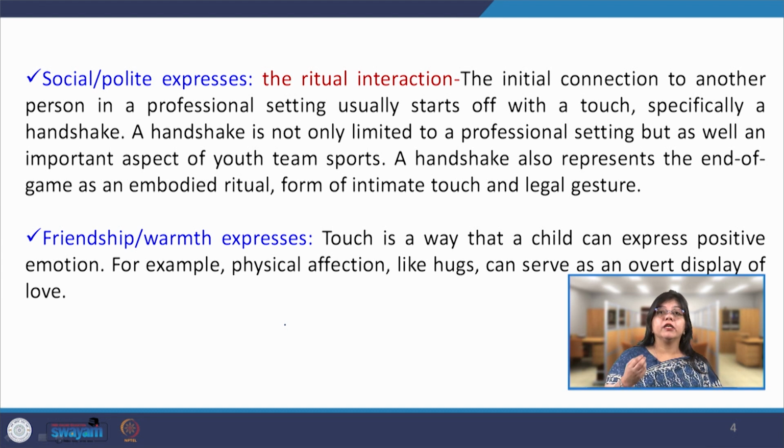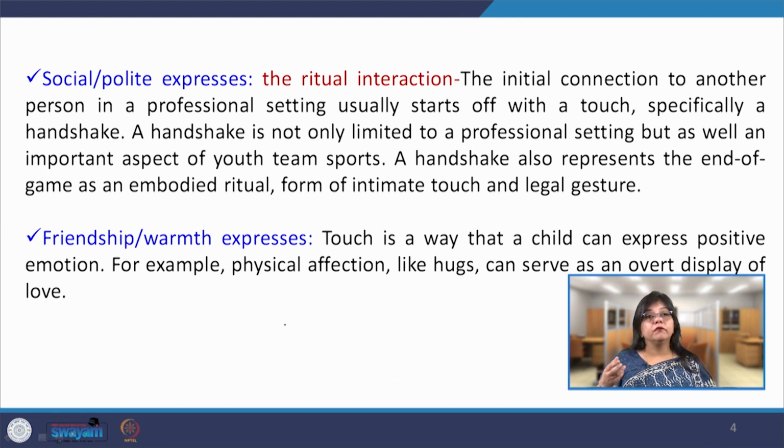The initial connection to another person in a professional setting usually starts off with a touch, such as a handshake. It is not only limited to professional settings, but is also an important aspect of youth team sport. Any manager or authority who shakes hands with an employee in a firm manner and for a longer period of time gives a touch that is also an expression of encouragement or motivation.